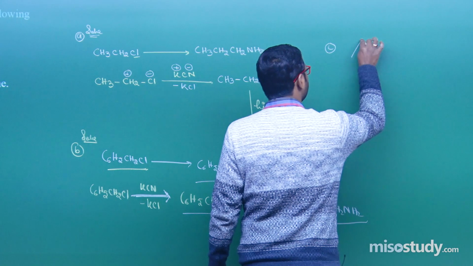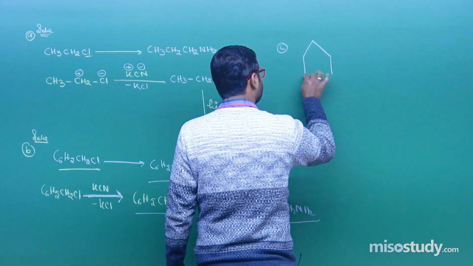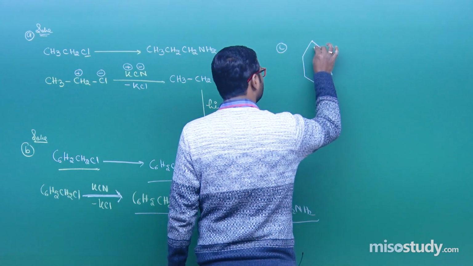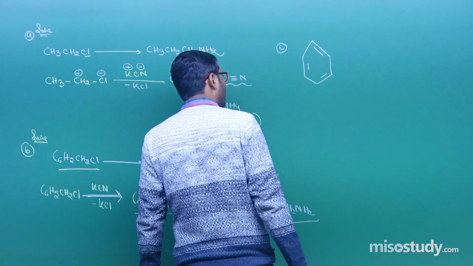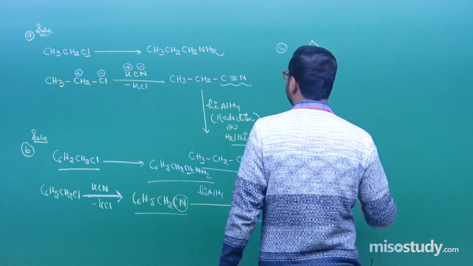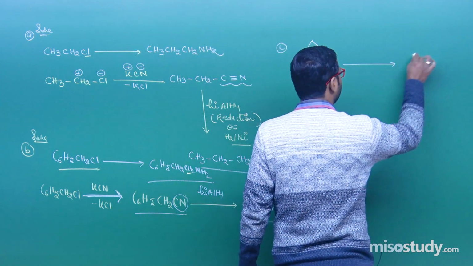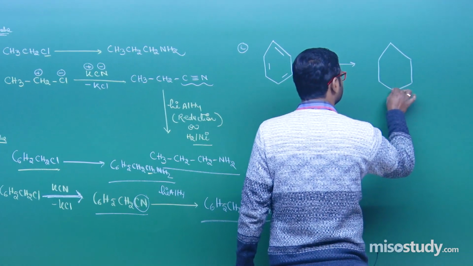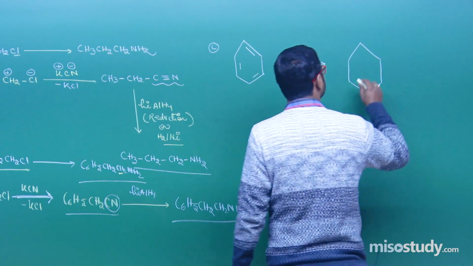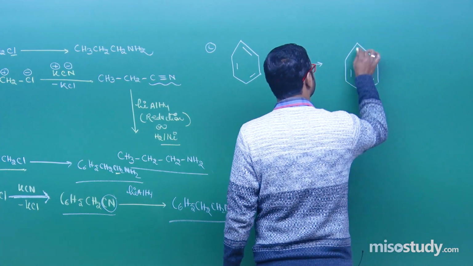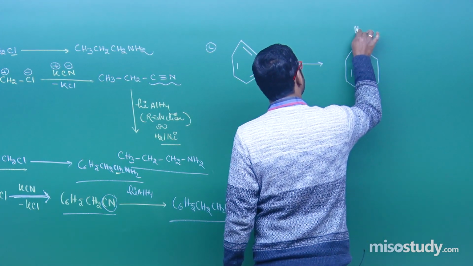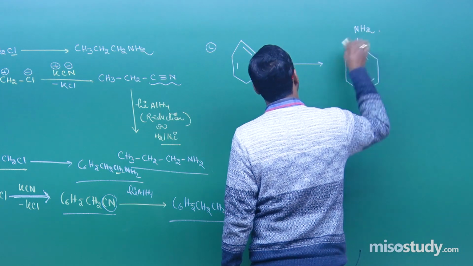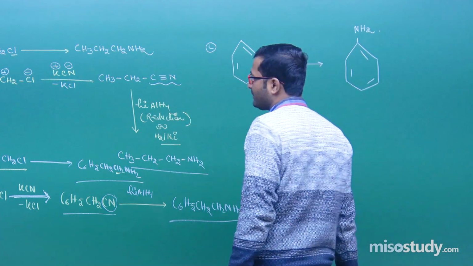Now the next one is how to convert benzene into aniline. This is benzene, and you have to convert benzene into aniline. This is a simple conversion.